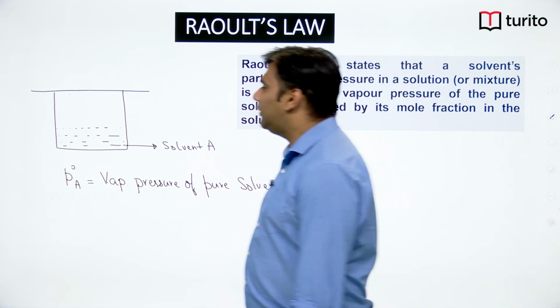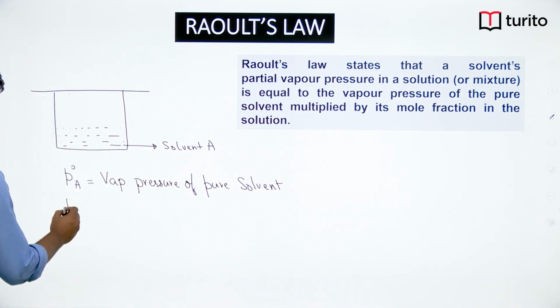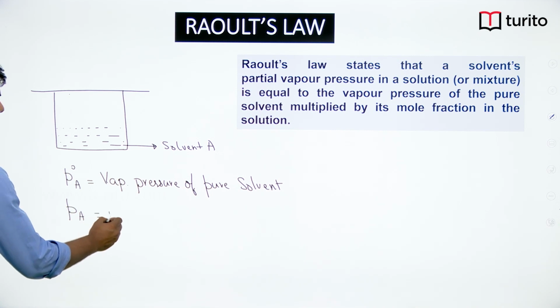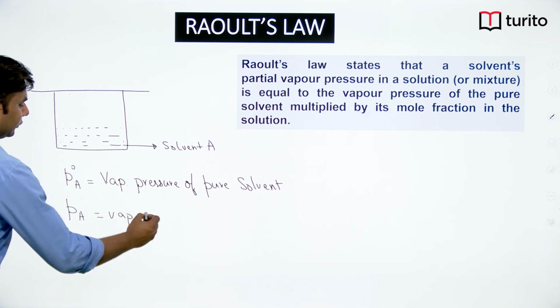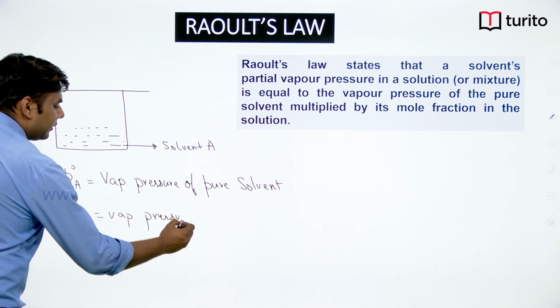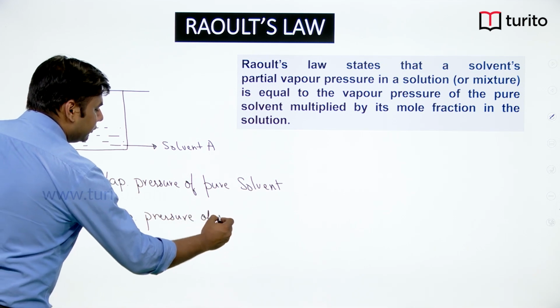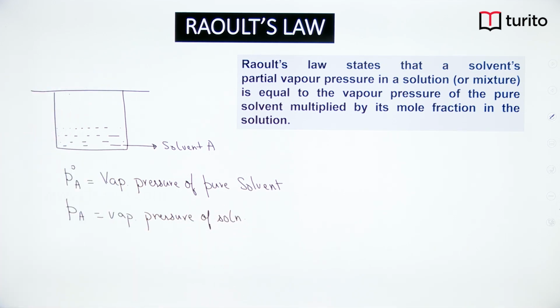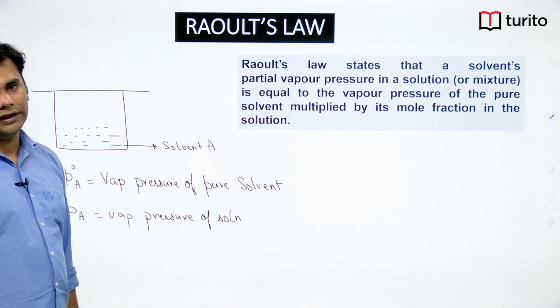Now let that pressure be PA. This would be the vapor pressure of the solution. The solution basically comprises the solvent and, in this case, a non-volatile solute.